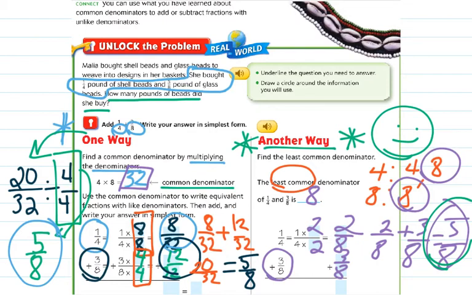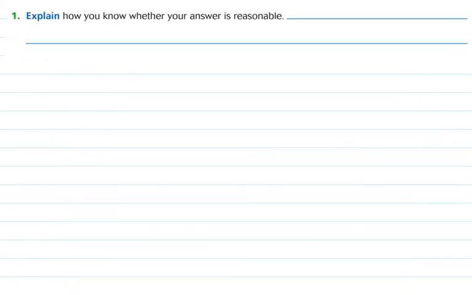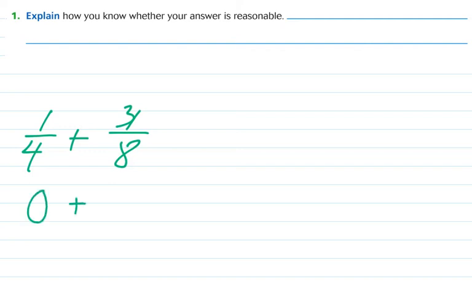So boys and girls, we're going to go on to the next part where it says, explain whether you know your answer is reasonable. So what we can say is our original problem was 1/4 plus 3/8. Now boys and girls, 1/4 is really close to 0, and we're going to use our benchmarks of 0, half, and 1. 3/8, boys and girls, is pretty close to a half because 4/8 is equivalent to a half.